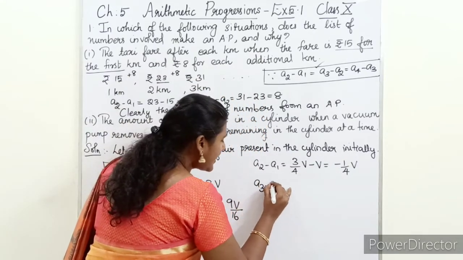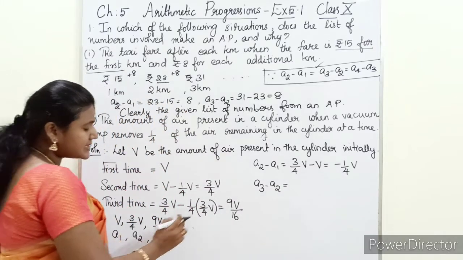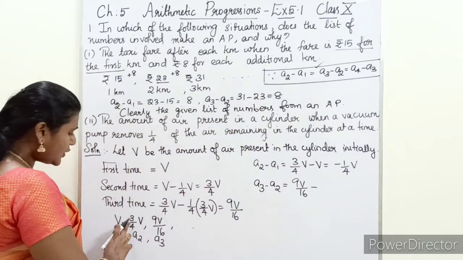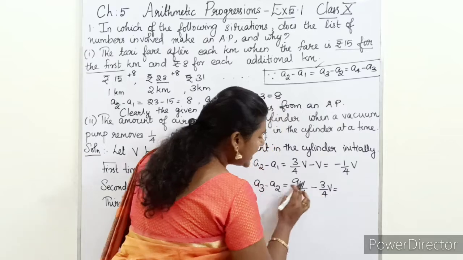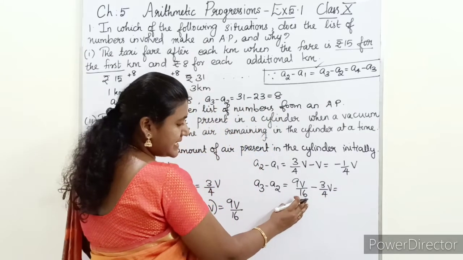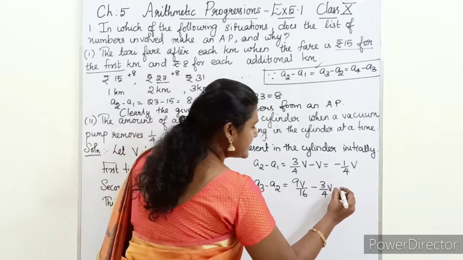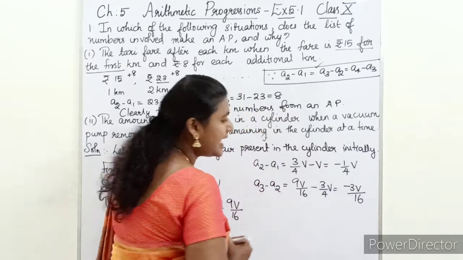Again A3 minus A2, we will calculate A3 minus A2. A3 is 9V by 16 minus A2 is 3 by 4V. Again here also we will take 16 as LCM. So 9V minus 12V by 16, that is minus 3V by 16 is the answer.